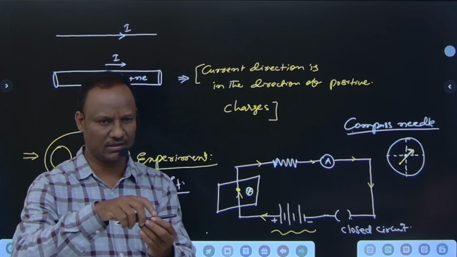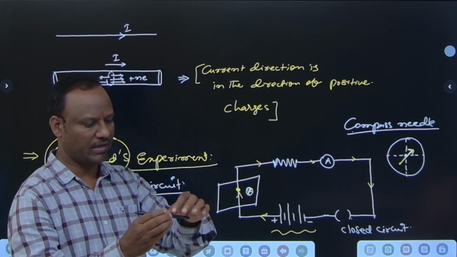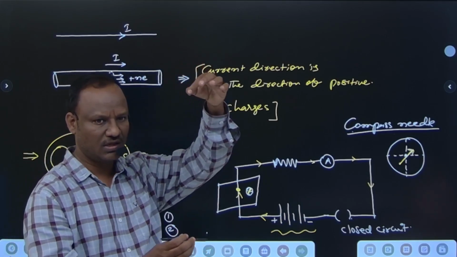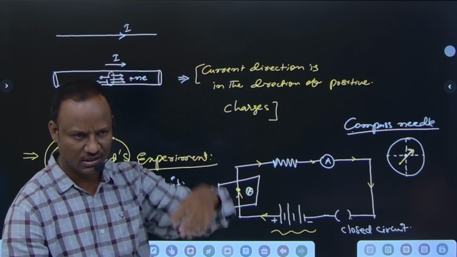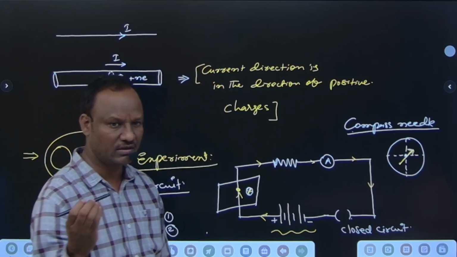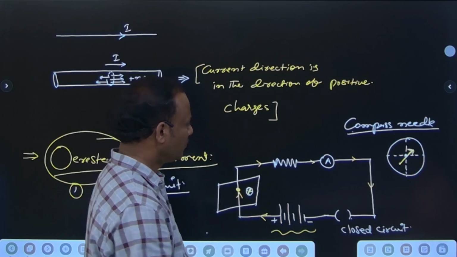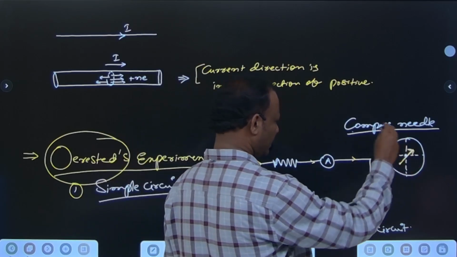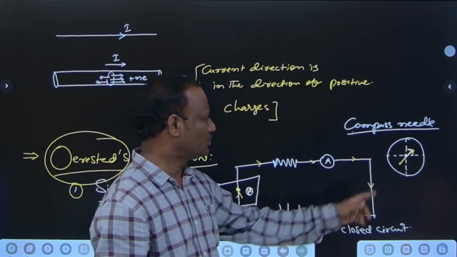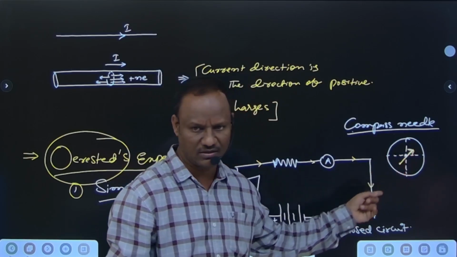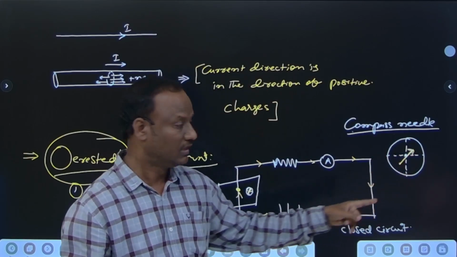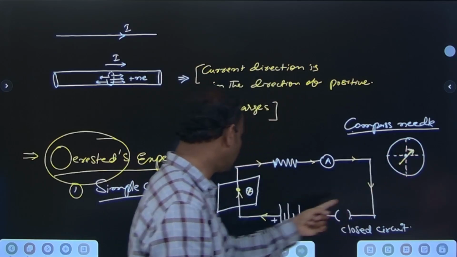Take a bar magnet. If you suspend a bar magnet, the north points towards the geographical north, and it shows the geographical north and south poles. For every compass, whichever you place, it shows the geographical north and south poles.